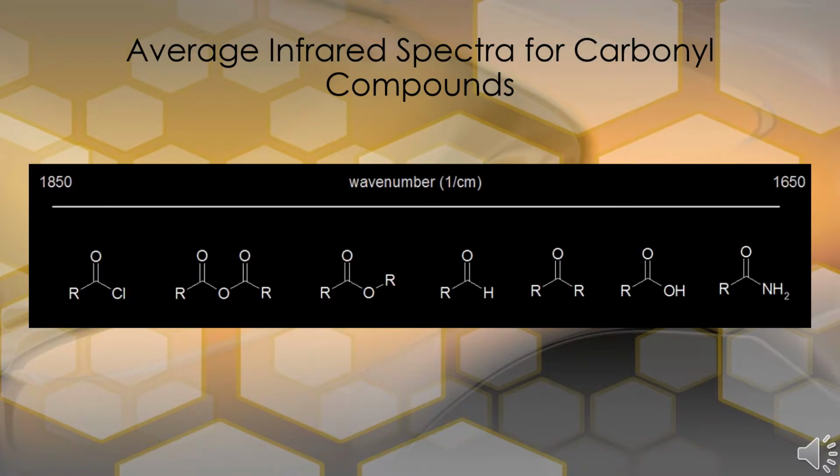We will go to the left or to the right of that number based off of the actual carbonyl that we are looking at. If we take that average and go from about 1740 to the left of that, we'll have what we see as an ester. And that number is going to be higher than the average because of the inductive effect.